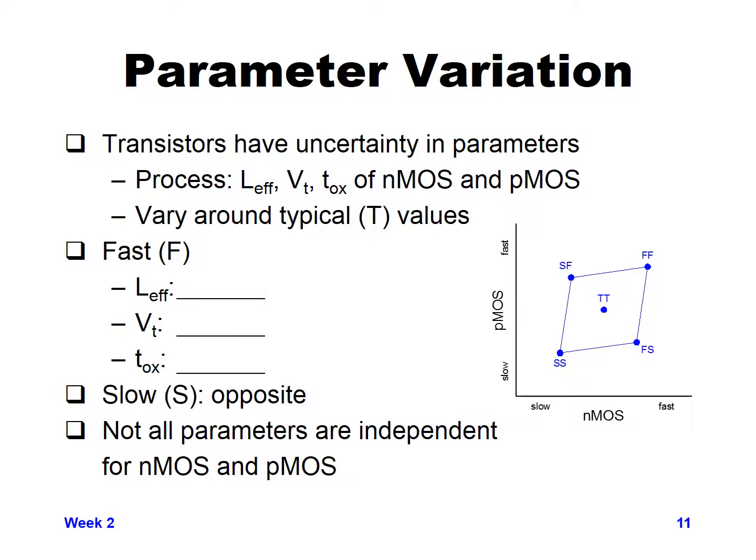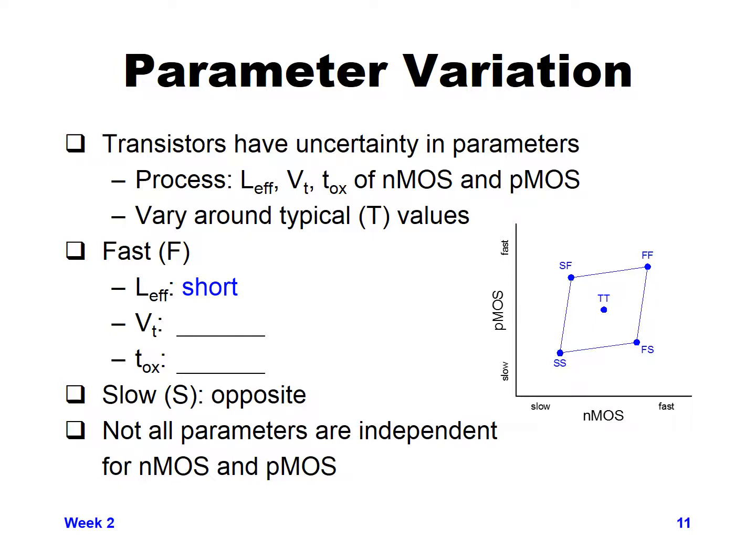So let's talk a little bit about what happens to your parameters at the fast corner. At the fast corner, in order to be faster than normal, you want your L effective to be shorter, because a shorter gate length causes more current to go through the transistor. So L effective would be shorter than normal. Your threshold voltage, if you reduce threshold voltage, then your VGS minus VT parameter goes up.